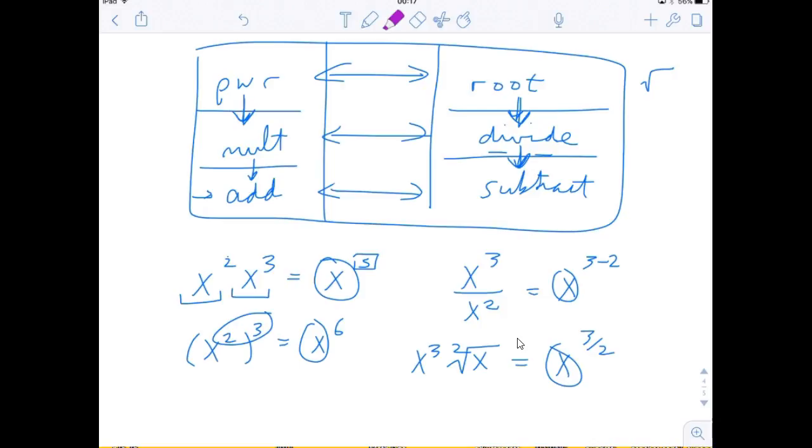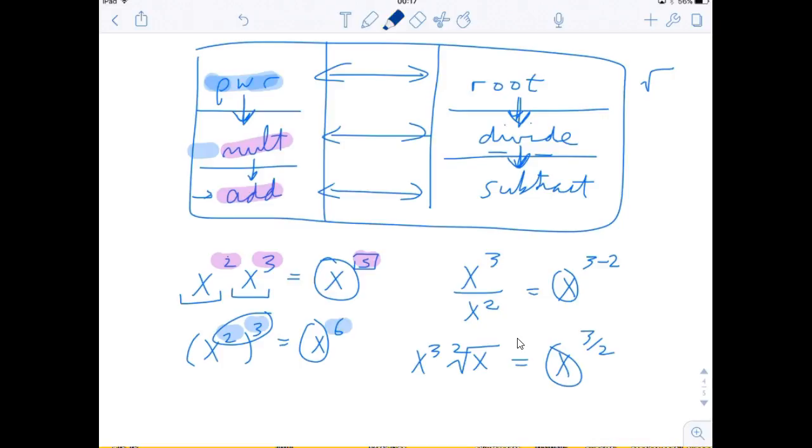So for example here, I am multiplying the exponents, so when I combine the exponents, I'm going to use addition. Okay? And here, I am taking the power of exponents. So if I want to combine those exponents, I go down one level and I do multiplication of the exponents.